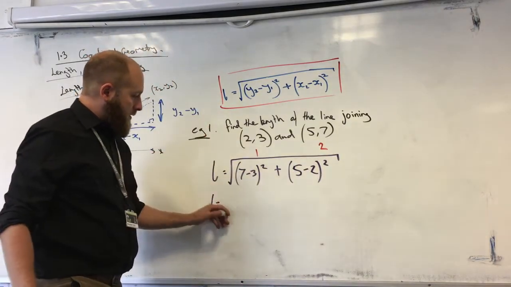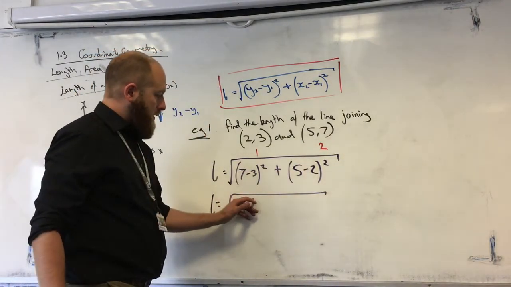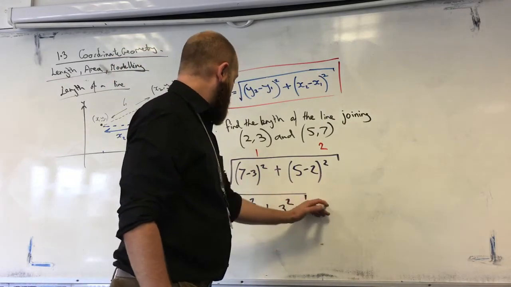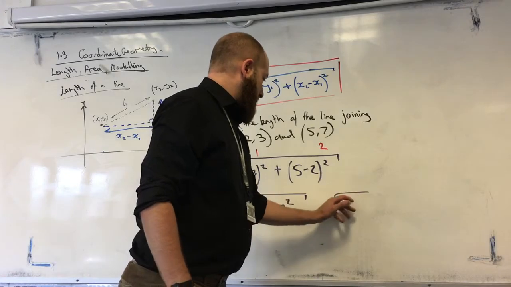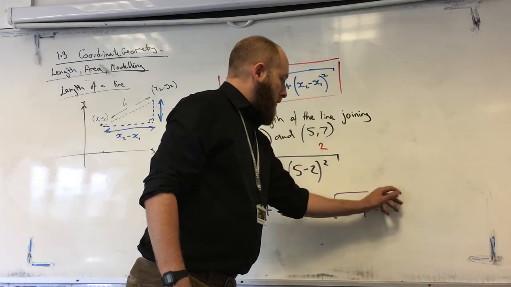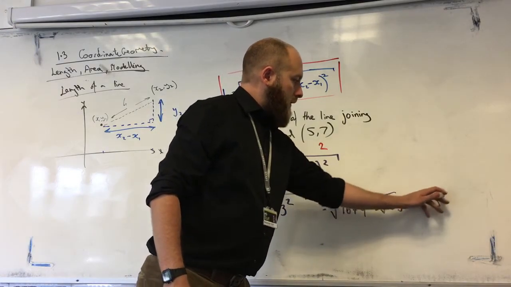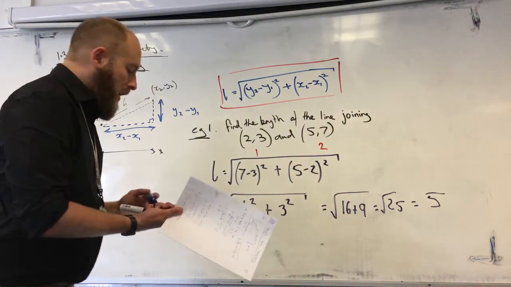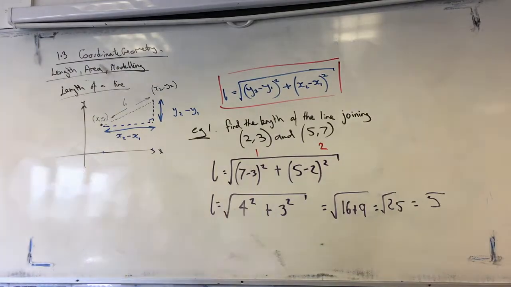So length is the square root of 4 squared plus 3 squared. So it's root of 16 plus 9, which is root 25, which gives us the length of 5 units. Brilliant.